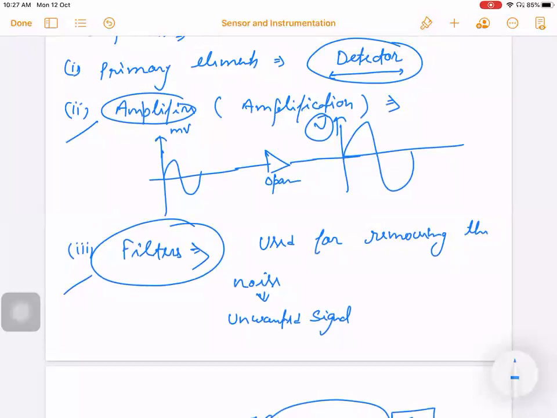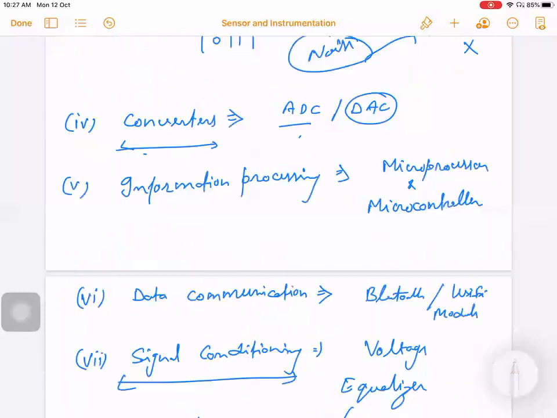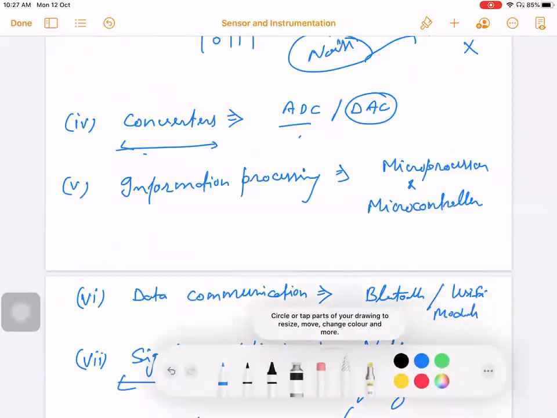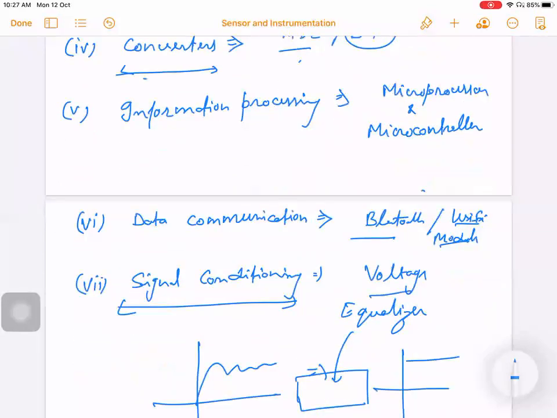So detector, amplifier, filters, converters, microprocessor, microcontrollers, and Bluetooth, Wi-Fi module, voltage equalizer. So these are the components we use within the smart sensor. Okay.